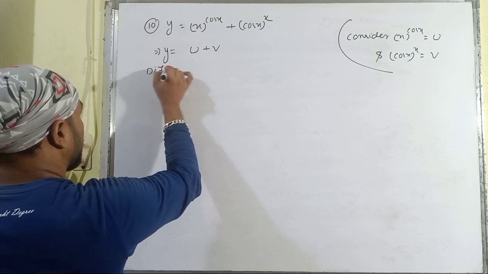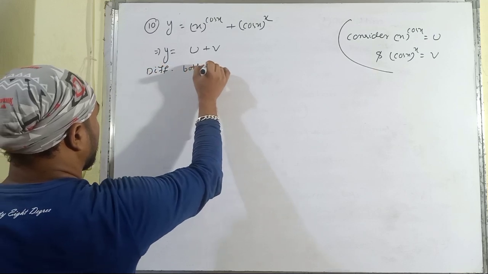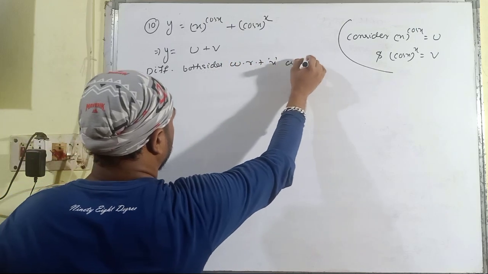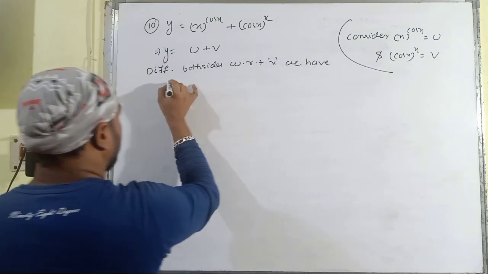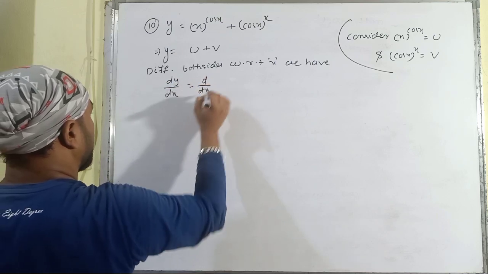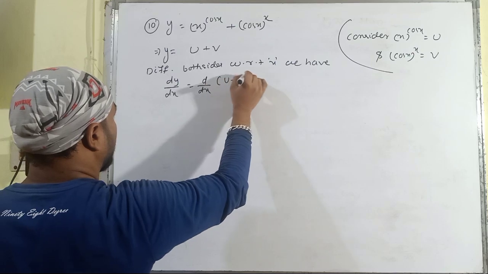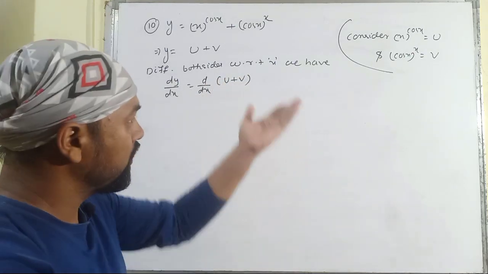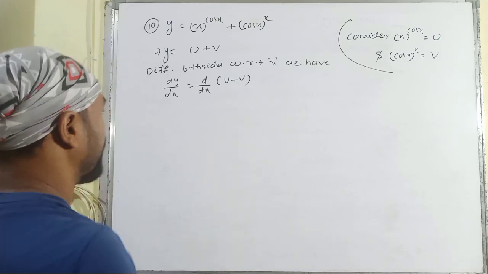Differentiating both sides with respect to x, we have dy upon dx, it is derivative of u plus v with respect to x, and here u and v are functions in terms of x variable.